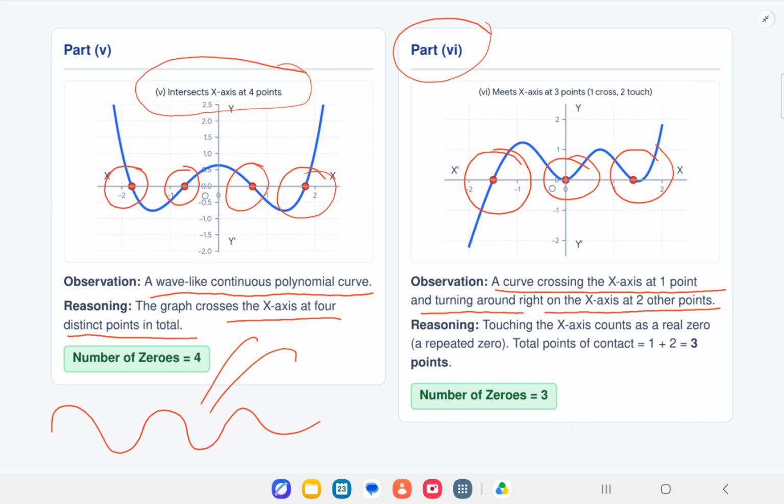Reasoning देखिए इसकी: touching the x-axis counts as a real zero, a repeated zero, total points of contact will be equal to 1 plus 2 equals 3. So total number of zeros आपके हो जाएंगे 3, 1 पॉइंट आपका ये, सेकंड ये और थर्ड ये, टोटल नंबर ऑफ zeros आपके 3 हो जाएंगे.